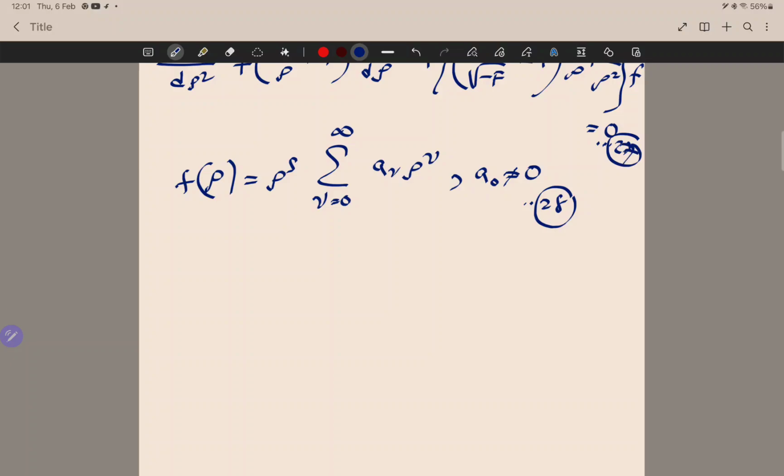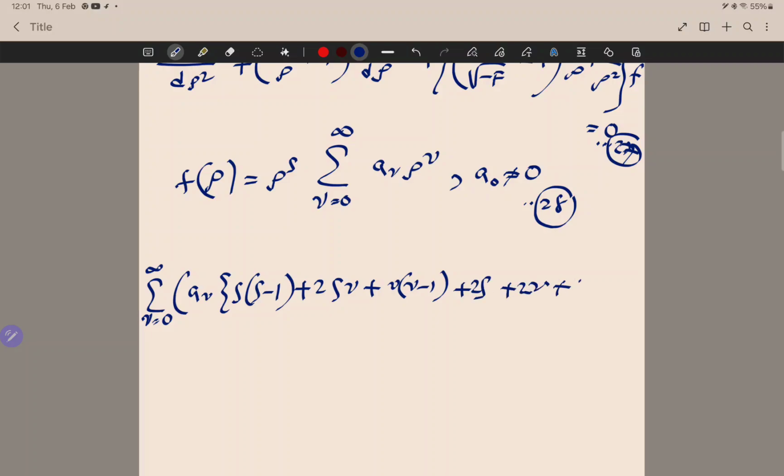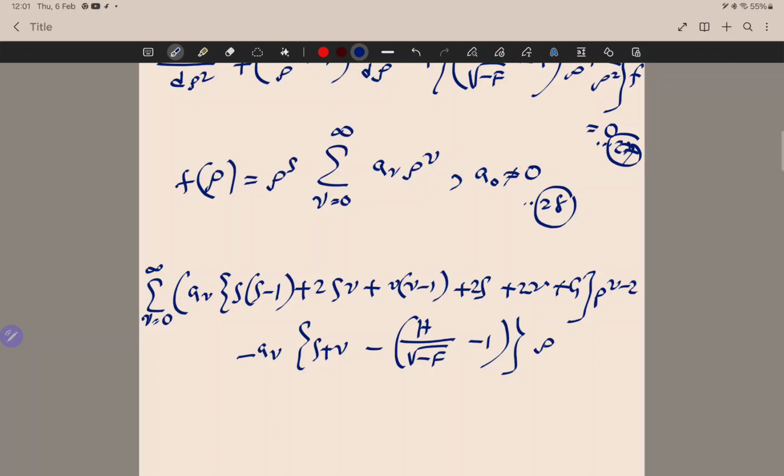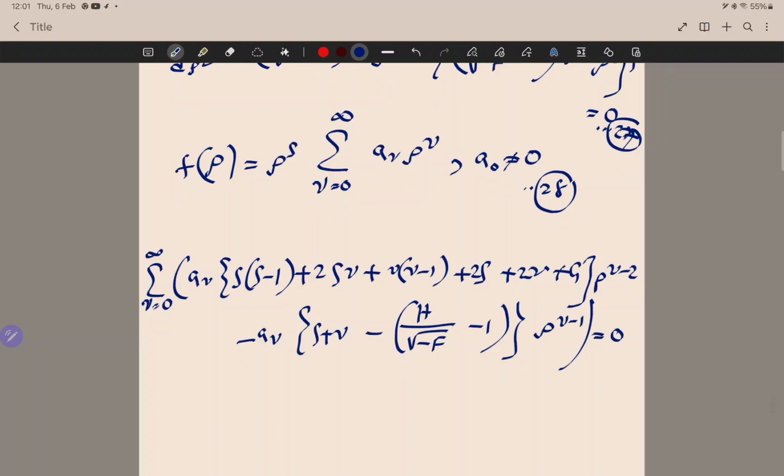Substituting this into equation 27, we obtain the summation over ν of a_ν [ ((s+ν)(s+ν−1) + 2(s+ν) + g) ρ^(ν−2) − (s+ν − h/√(−f) − 1) ρ^(ν−1) ] equal to 0.